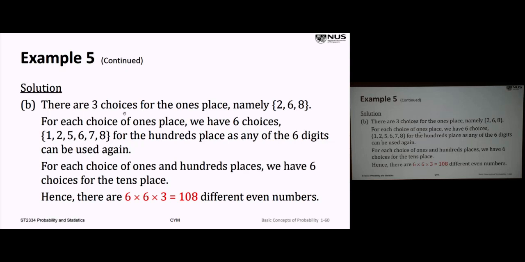So in this case, you have 3 times 6 times 6 possible even numbers that I could create. The only constraint imposed in part B is that you have to produce an even number. Part A is slightly more complicated because I have to do it without replacement. And as I said, one expects from the nature of the question that the solution to part B has a higher number than you would have in part A.